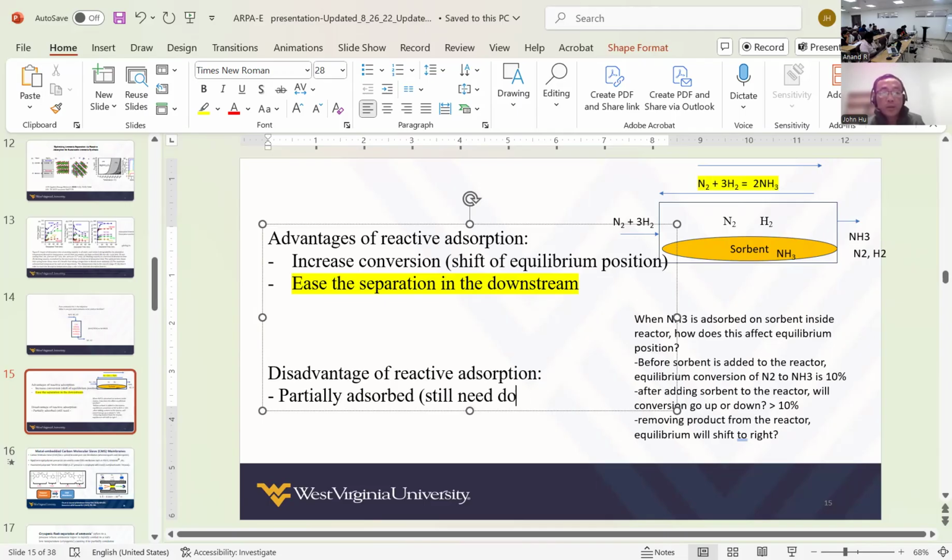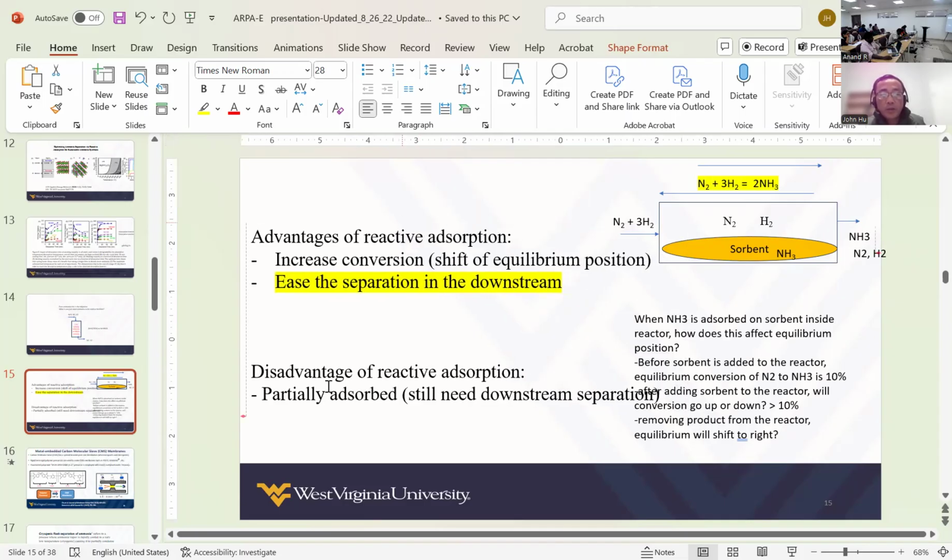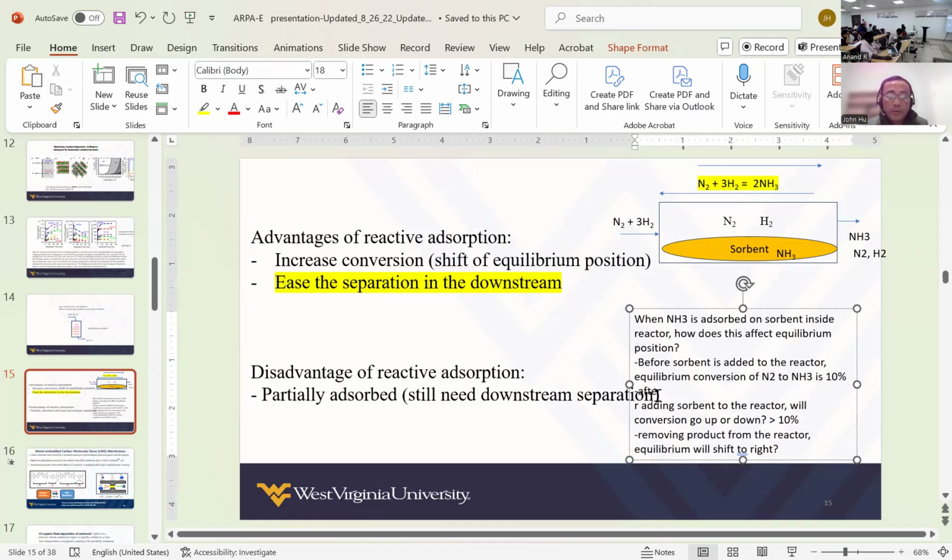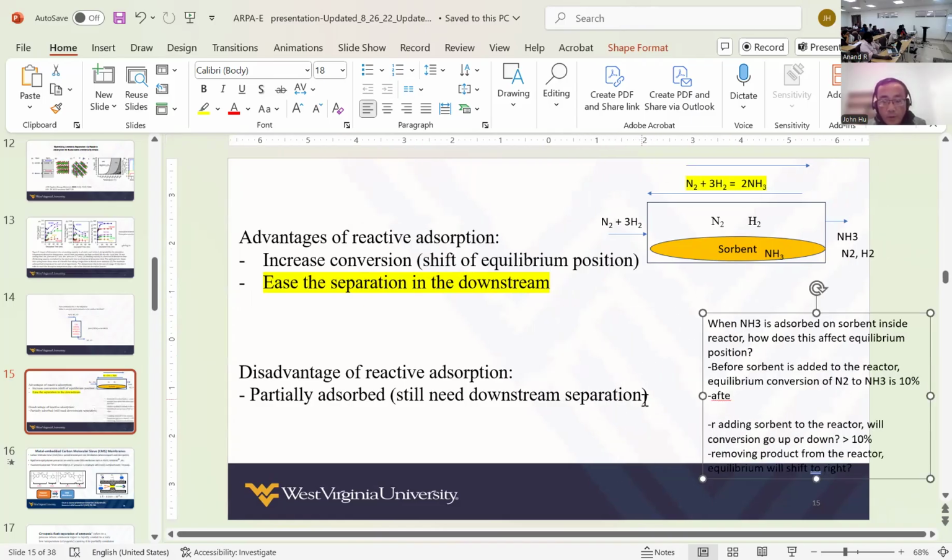Right? Because the advantage we said is the separation in the downstream, but the disadvantage is if only partially absorbed you still need a downstream separation, all right? Because you want hydrogen and nitrogen recycled but not ammonia. So anything else? Let's pull out another one. So what's another disadvantage?